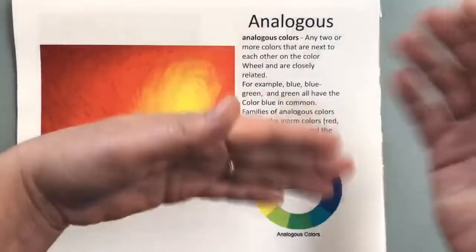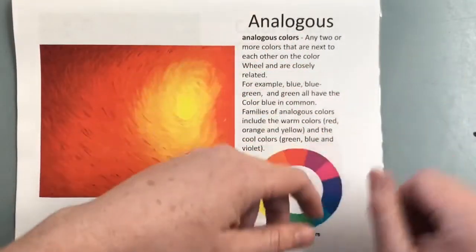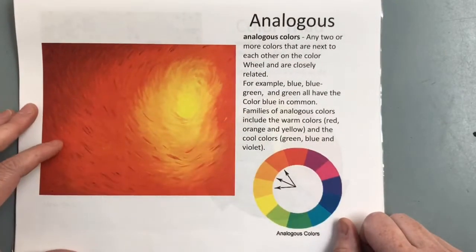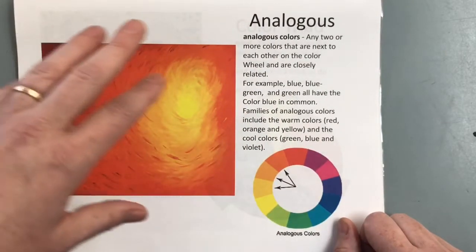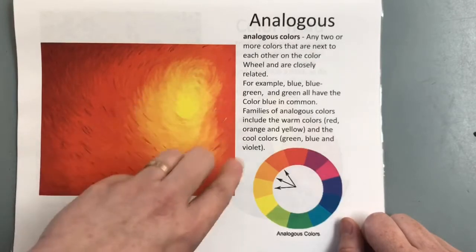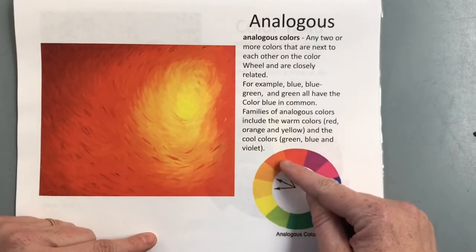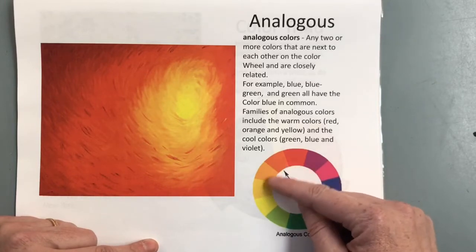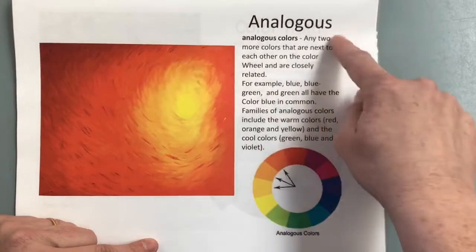You're comparing a burrito to the sun, right? An analogy. So analogous colors are any three colors on the color wheel that sit right next to each other. They look similar to each other, they belong near each other, and since they're similar, they're analogous.